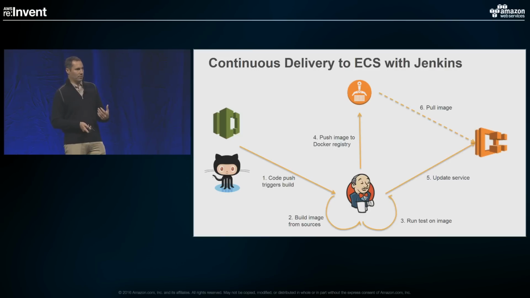Then for the continuous delivery process, you're probably going to have some kind of trigger that sits on top of the ECR event itself, or the push of the container to the registry, and that will trigger a job that's going to pull the container out and push it to the cluster.